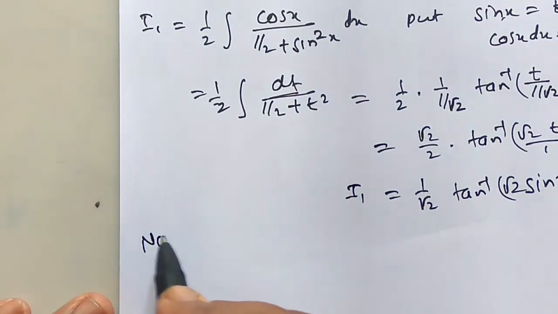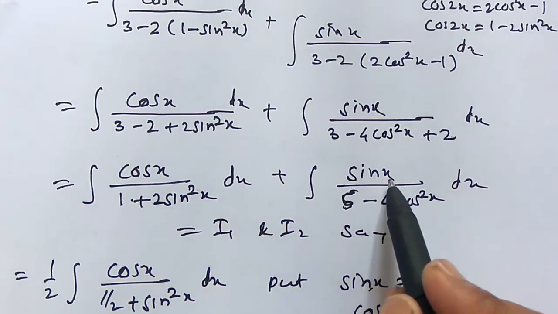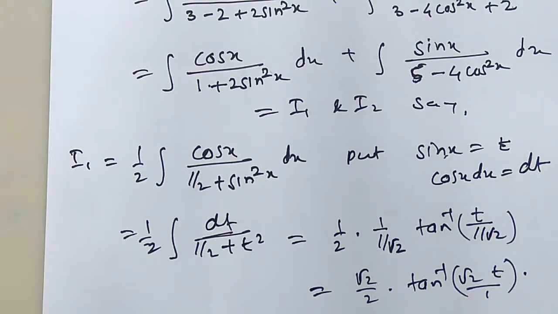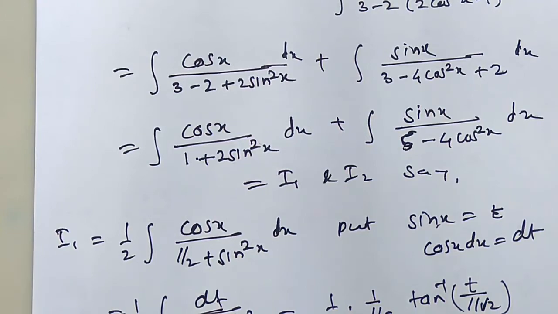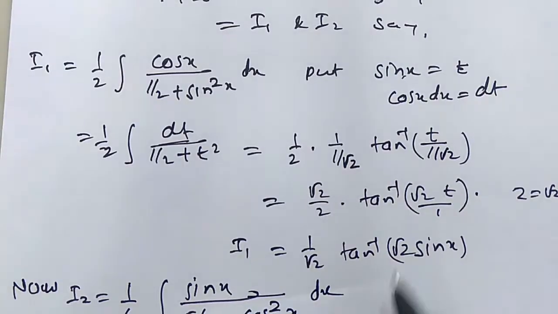Now I2 is equal to integration of sin x upon 5 minus 4 cos square x. We can take 4 common in the denominator, so it is sin x upon 5 by 4 minus cos square x dx.